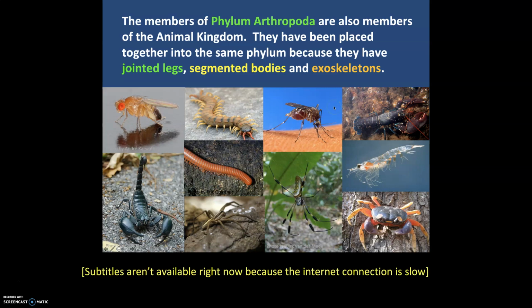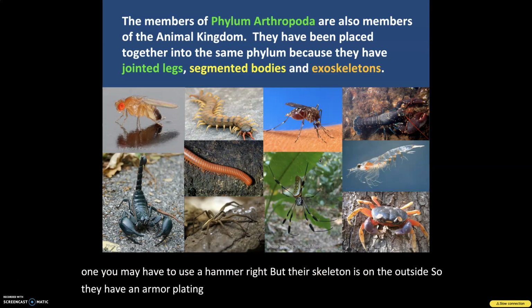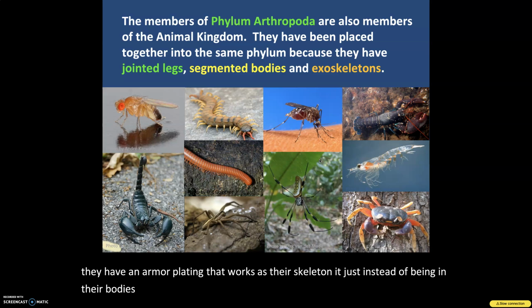And then exoskeletons. Everyone up here crunches when you step on them. This one you may have to use a hammer, right? But their skeleton is on the outside. So they have like an armor plating that works as their skeleton. Instead of being in their bodies with muscle and everything around it, it is around their bodies with muscle attached to it.